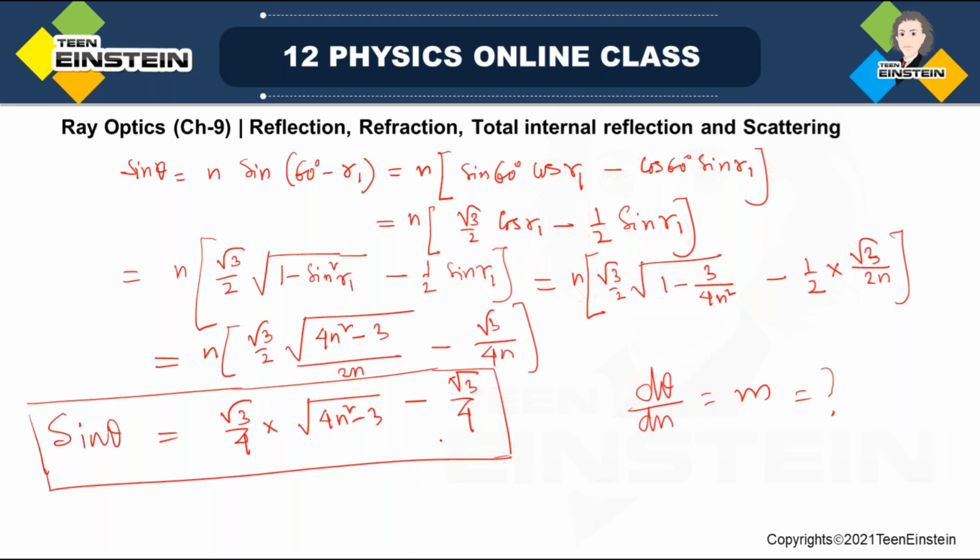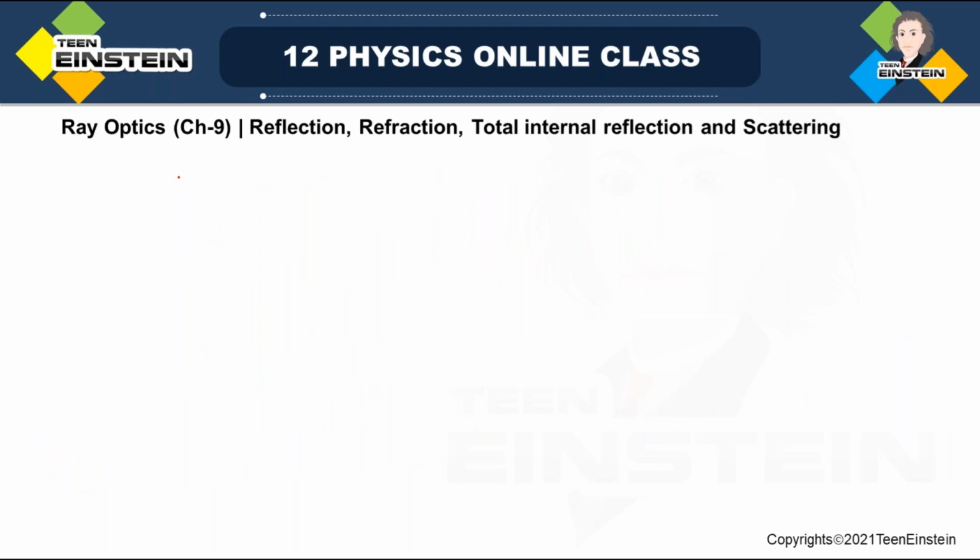Okay, then let us go to the next page. Then we have sine theta is equal to root 3 by 4 square root of 4n square minus 3 minus root 3 by 4.